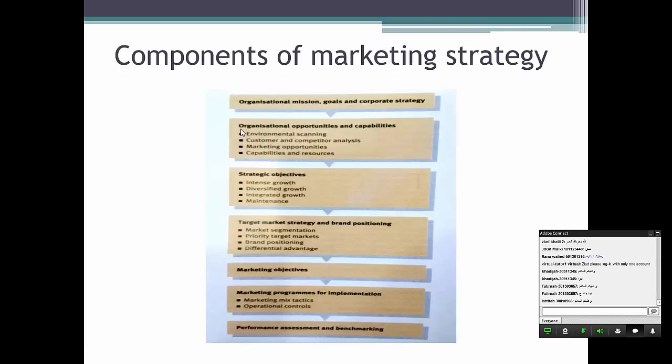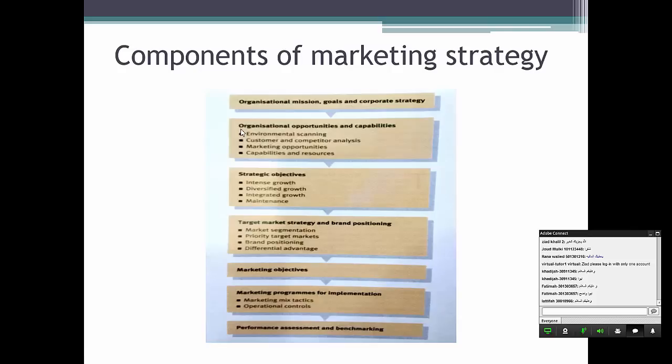And also you need to analyze the capabilities and resources. Any business has some capabilities and resources that are devoted to creating products and services. So you need to analyze those resources and capabilities. Okay, and you need to be realistic in analyzing these things, in your view about the market, about your products, about the competitors.